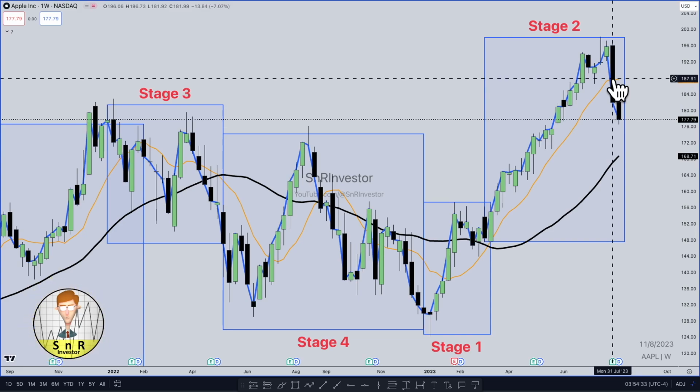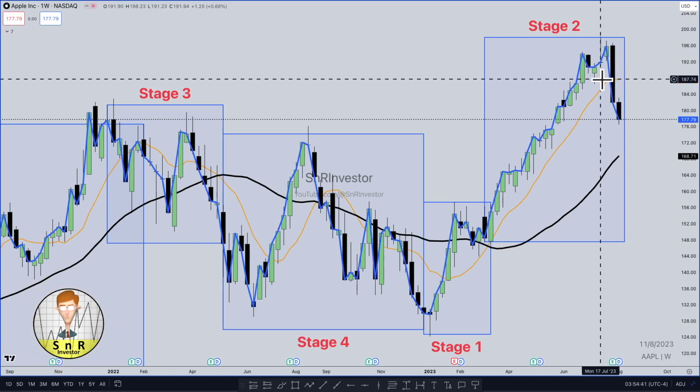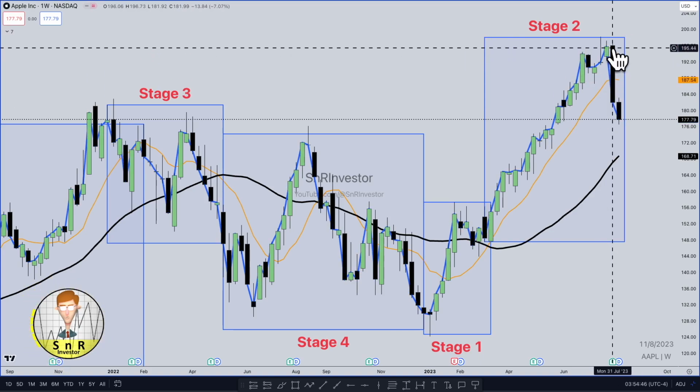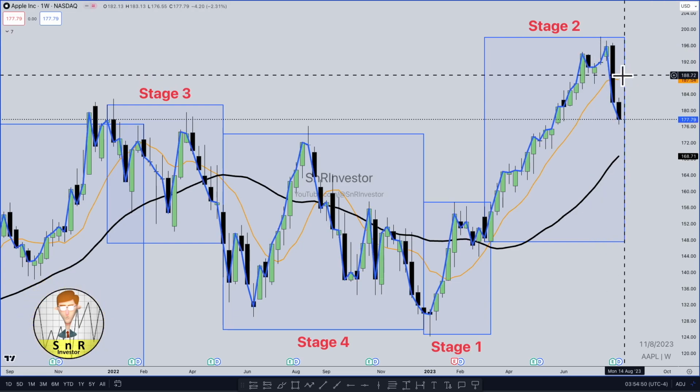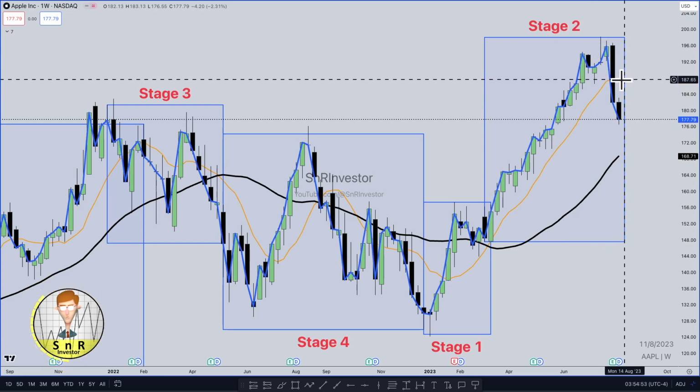If you are a shorter term trader that doesn't hold for many months or years, this could be an ideal time for you to take some profit when the candle closes below the 10-week moving average, or to lock in some of your profit.